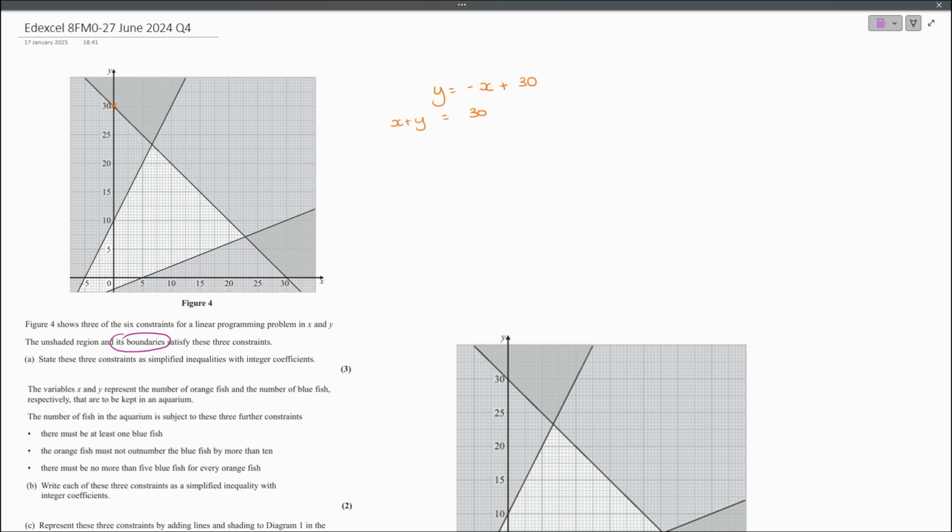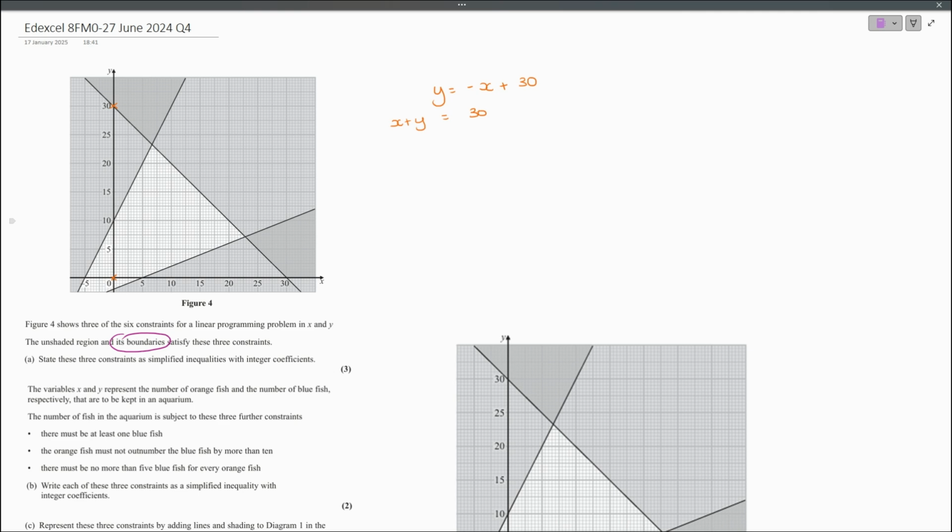So we need to consider whether or not a particular point lies on the correct side or the incorrect side of this line. And my go-to point is the origin, or up or along the y or x axis. If I substitute in 0, 0, I can see that's in the feasible region currently.